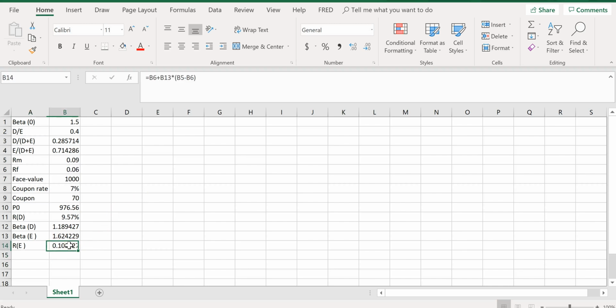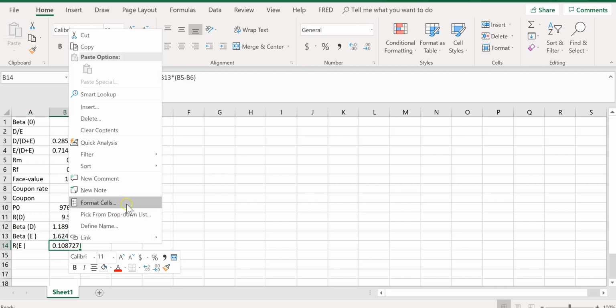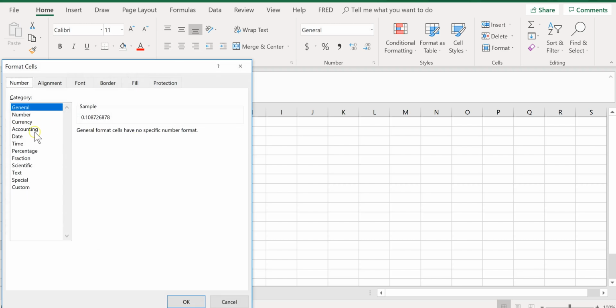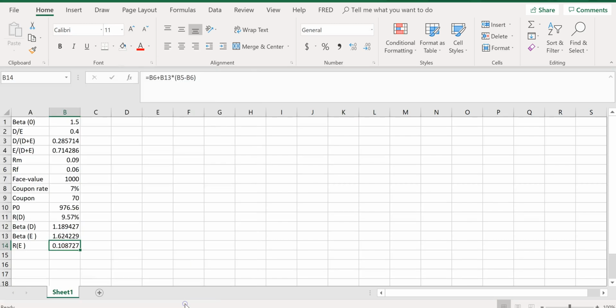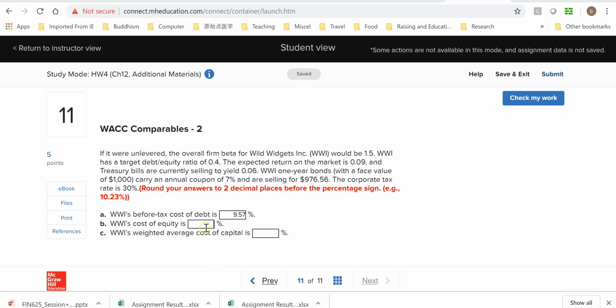Again, we can change this format to be percentage and keep 2 decimal places, rounding requirement. So this is the cost of equity, 10.87.